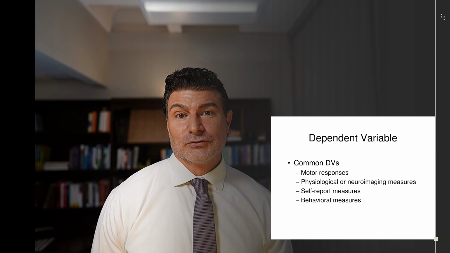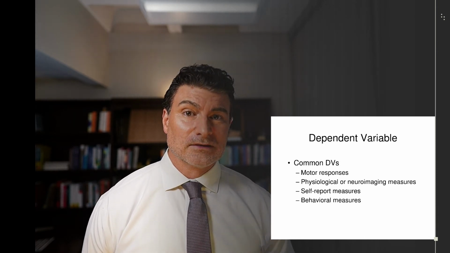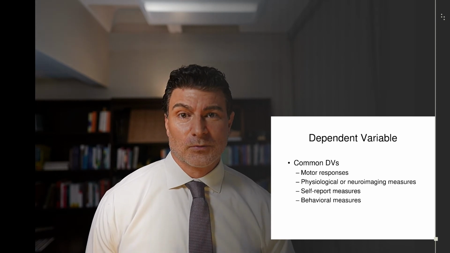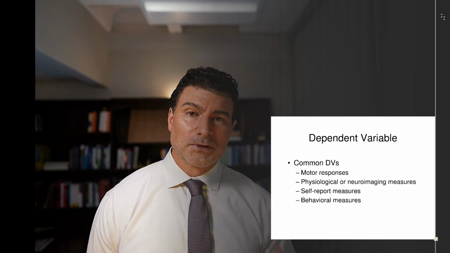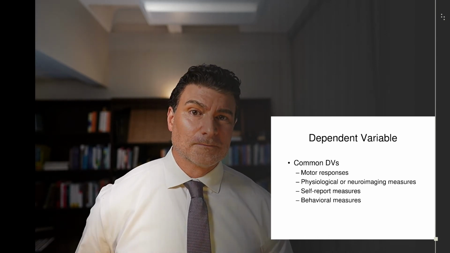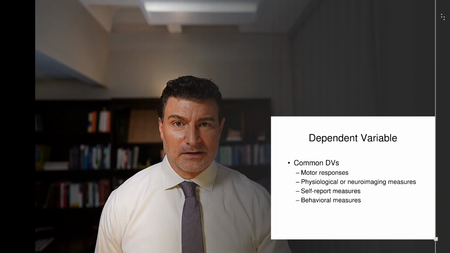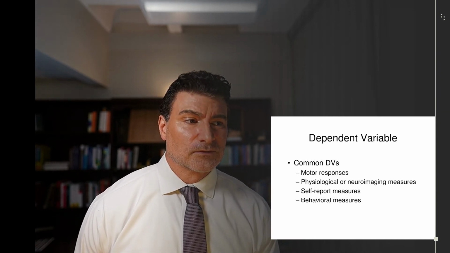Physiological measures, we can measure heart rate, skin conductance. We used to need to be in a laboratory for these, but with devices now we can measure heart rate variability and heart rate throughout the day, and we can measure it with pretty simple devices. Again, self-report measures might be another dependent variable, and then behavioral measures. I've kind of spoken about both of those.